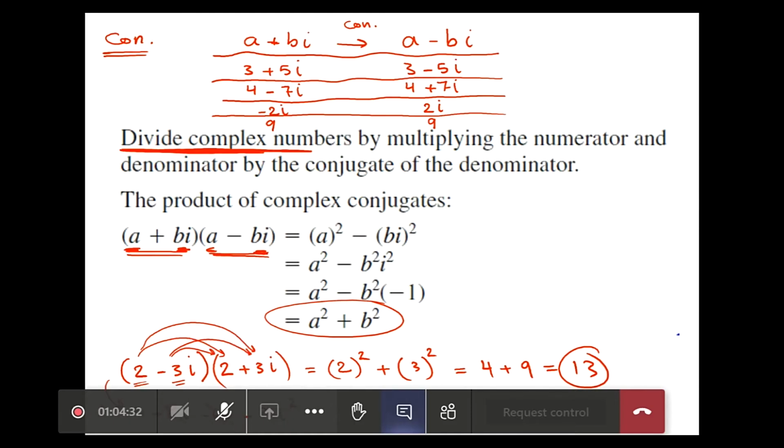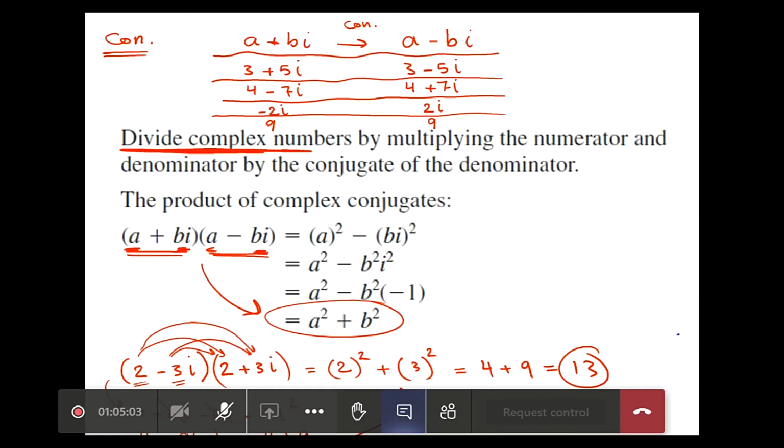Remove 6i with negative 6i, so we have 4 minus 9i square, but i square equals negative 1, so we have 4 plus 9. Okay, this is direct. Just this value if we multiply the complex number with its conjugate.